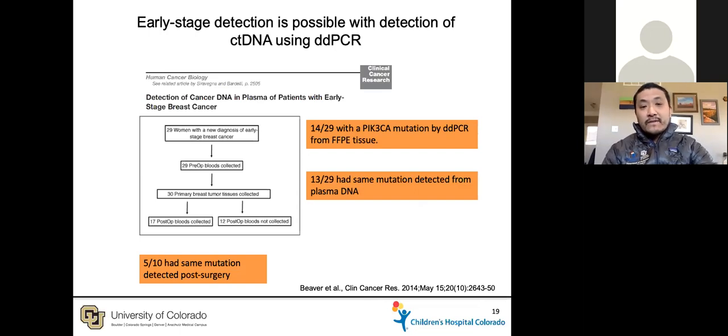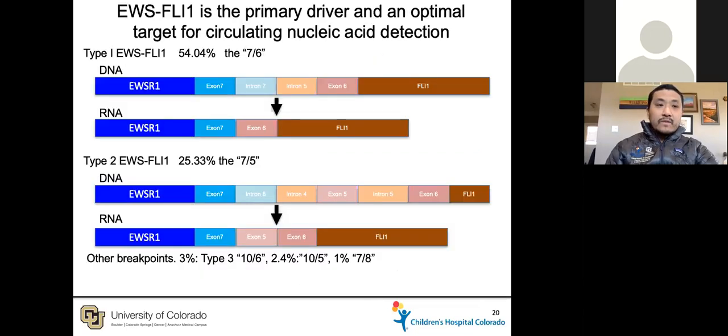Post-surgery, 5 out of 10 still had the same mutation detected that was present in the FFPE tissue. So it's quite possible to find these rare events using ddPCR.